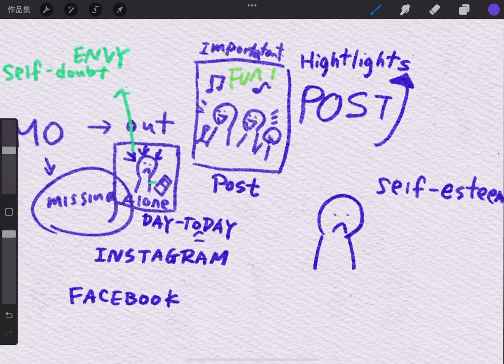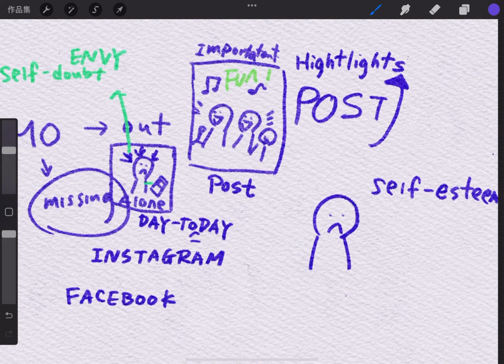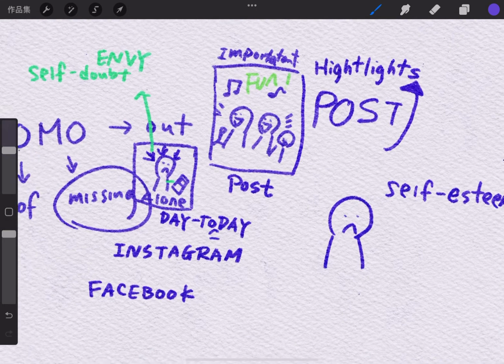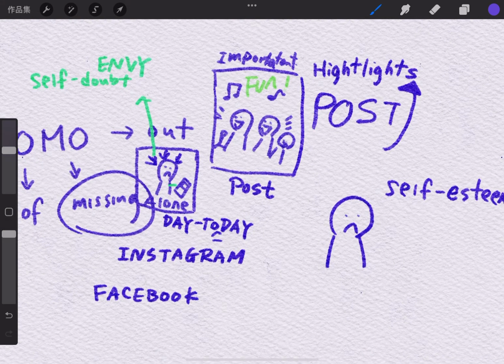Not good. And it always involves a sense of helplessness, and you're missing out. So it doesn't only involve people having more fun or going out on parties.